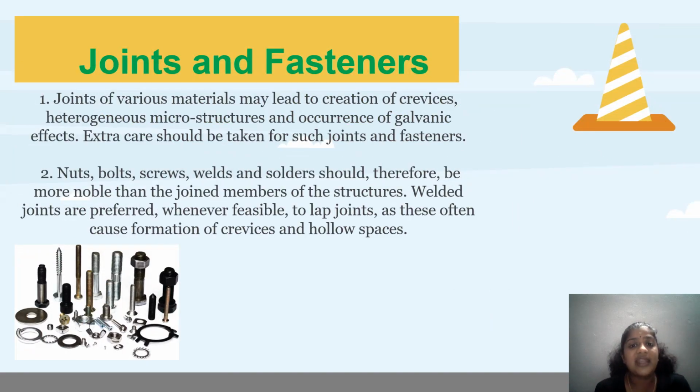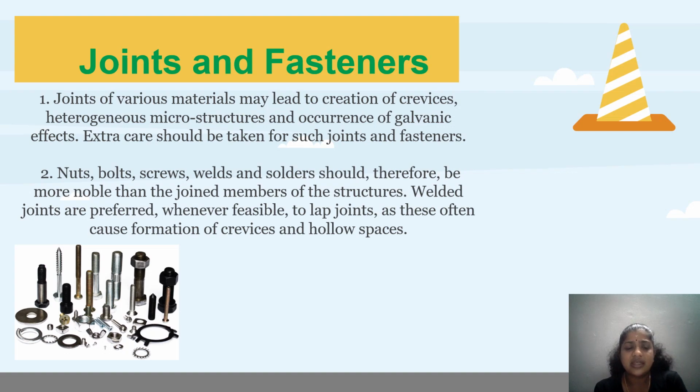The second one is joints and fastenings. First, joints of varying materials may lead to the creation of heterogeneous microstructure and galvanic effects. Extra care should be taken for such joints and fastenings. Second, nuts, bolts, screws, welding and solder should be more noble than the joined members of the structure.